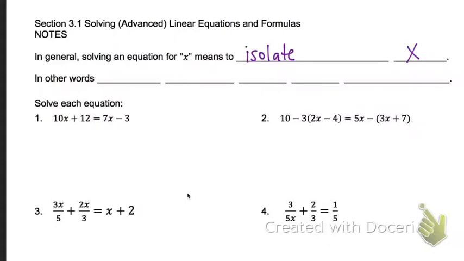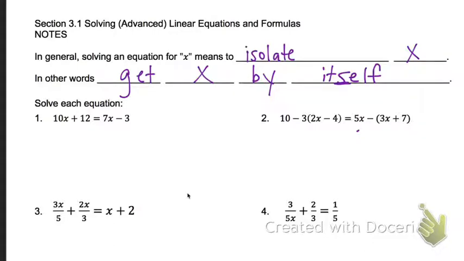In other words, get x by itself. Okay, solving an equation. Number one seems pretty simple.